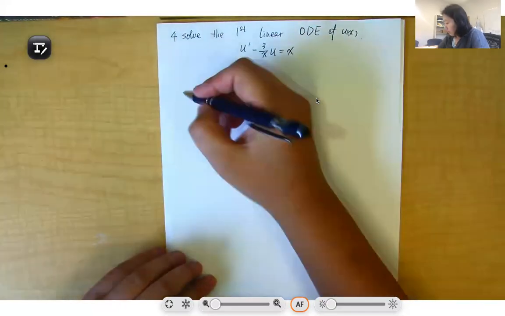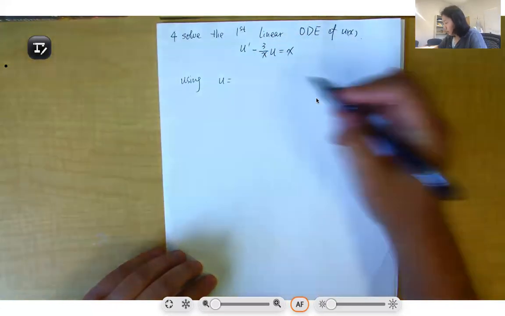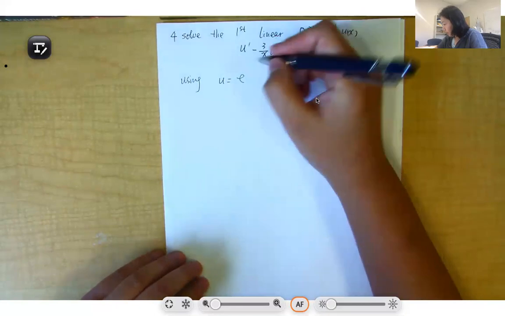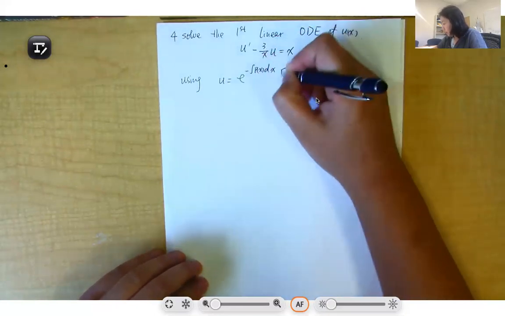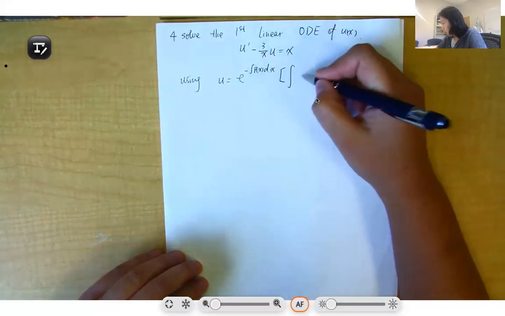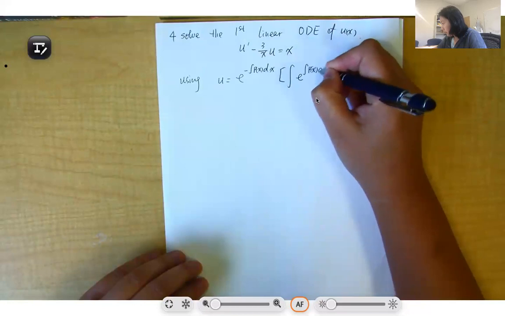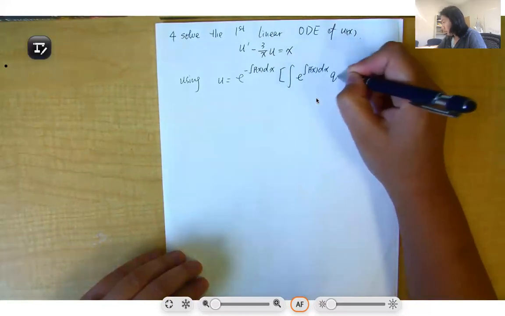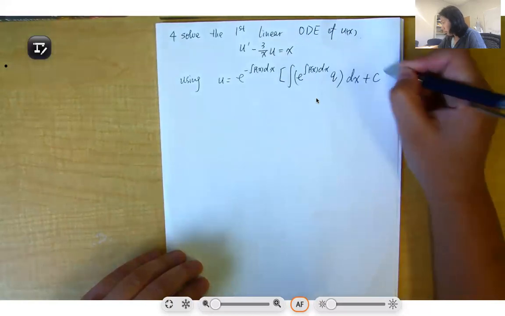And using the formula, u will be e to the minus integral of p dx, times the integral of e to the integral of p dx, q dx, plus some constant c.